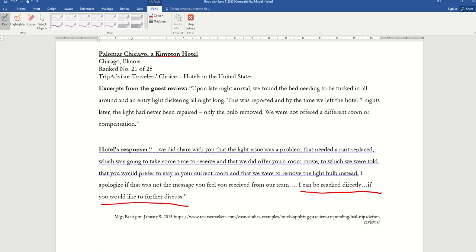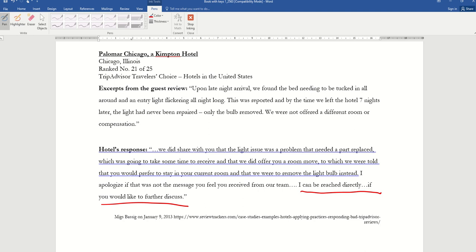Upon late night arrival, I found the bed needing to be tucked in all around and an entry light flickering all night long.